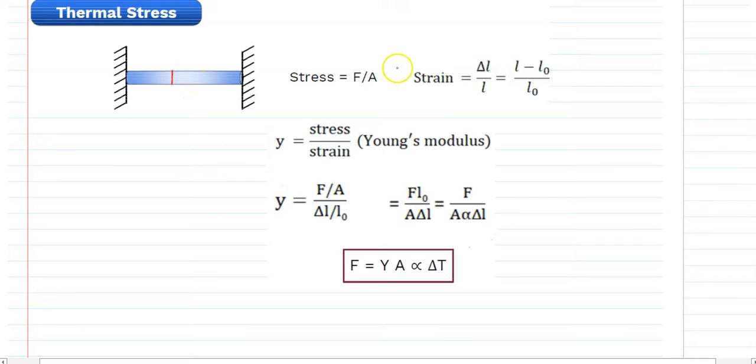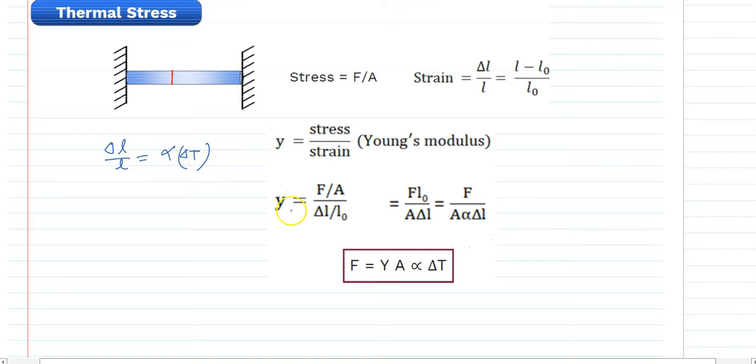Okay, stress per unit area. And we know strain is the increase in length per unit length, del L by L, and Young modulus Y will be stress by strain, so Young modulus will be force per unit area by del L by L. And we know del L by L will be alpha delta theta, where delta theta or delta T is the increase in temperature.